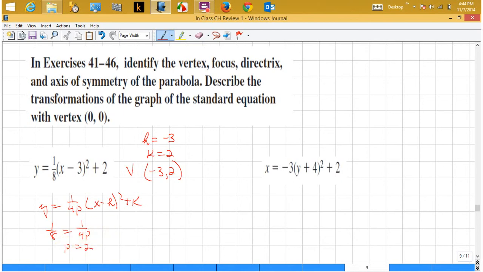Okay, so let's draw a little diagram and we can figure out what happens here. We have this parabola, and since it's a y equals x squared, it's actually going to be opening up, and it's going to have a vertex at a negative 3, 2. Let me make it bigger though.